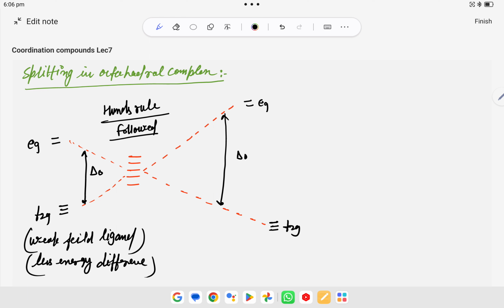Here strong field ligand. Two conditions I showed. In this case weak field ligand. Here in the second case strong field ligand, more energy gap, more energy difference.